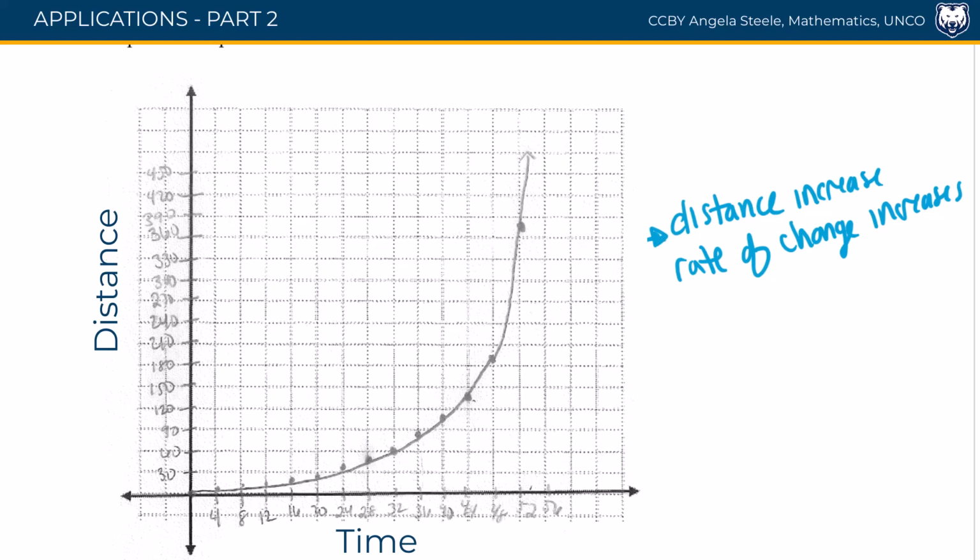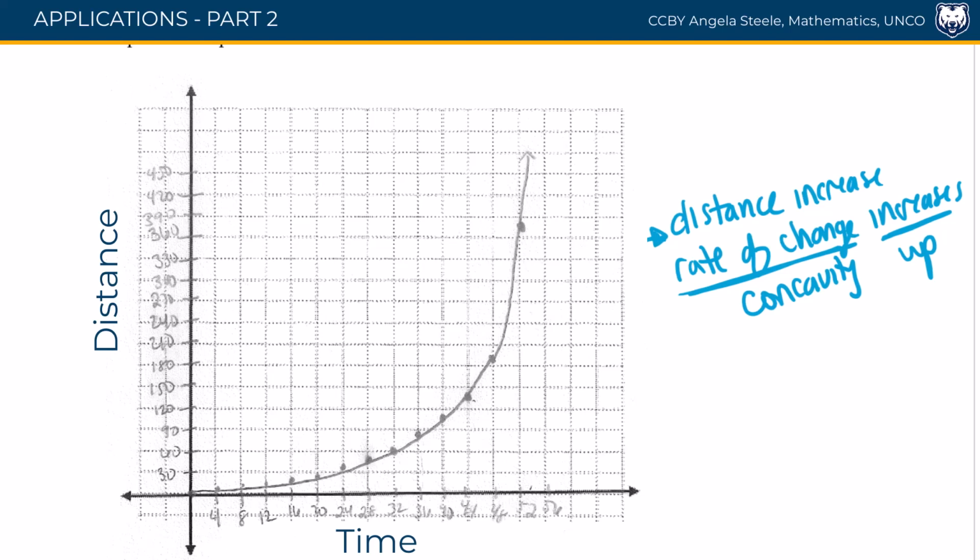That is the indication that the distance is increasing. And then the rate of change is shown by concavity. Since the rate of change is increasing, the concavity is going to be up. You can see that visually, we have the concave up shape.